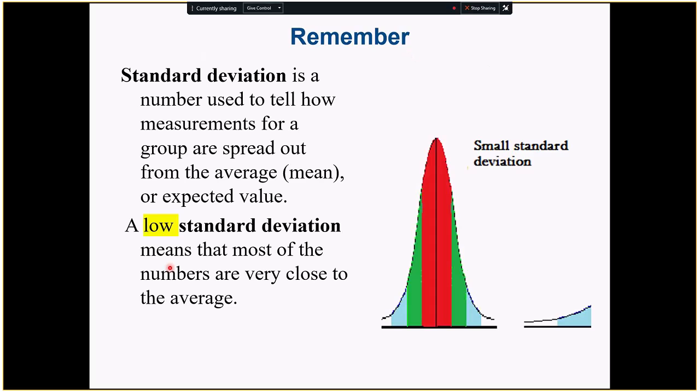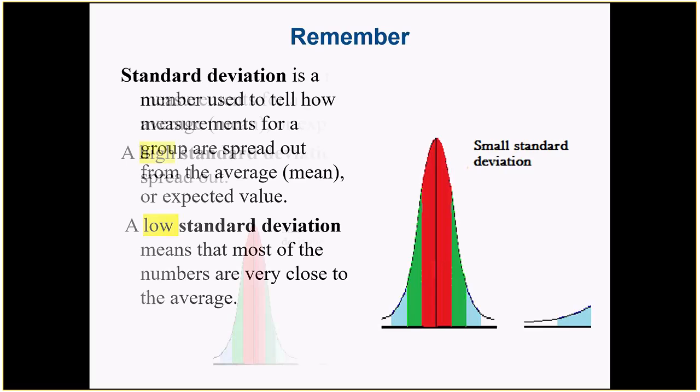So if there's a low standard deviation, that means that most of the numbers are very close to the average, right? So that there was that one person who was making $41,000 and the average was 41.5. So if there were a lot of people like them, then that means that the standard deviation is going to be really close to the mean. So a low number means close to the mean, very close to average.